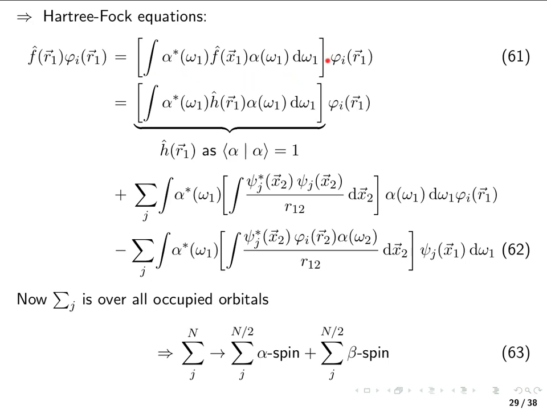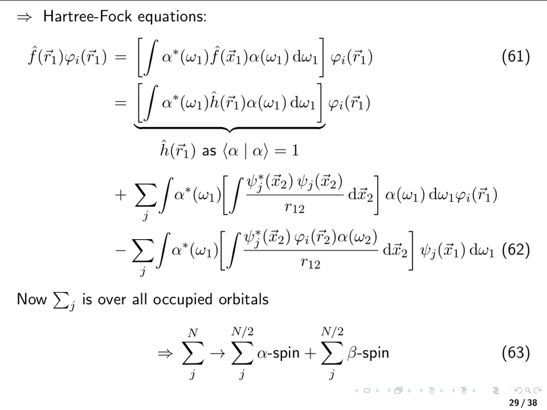And here I've written it out again, how we had defined it on the last slide. So here's the Fock operator in terms of spin orbitals, and that consists of course of the core Hamiltonian, but the core Hamiltonian depends only on the position of the electrons.